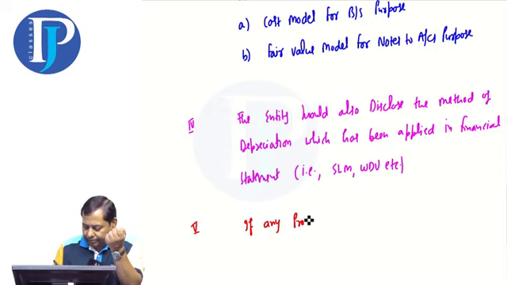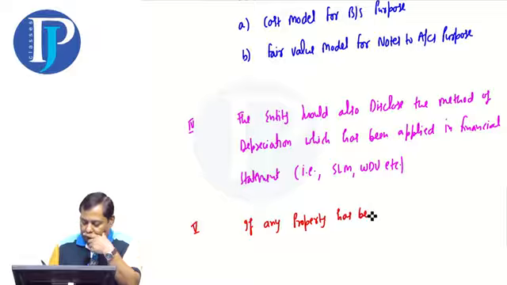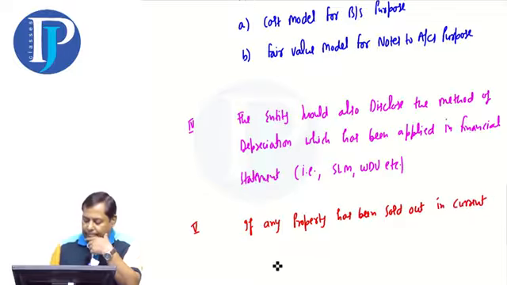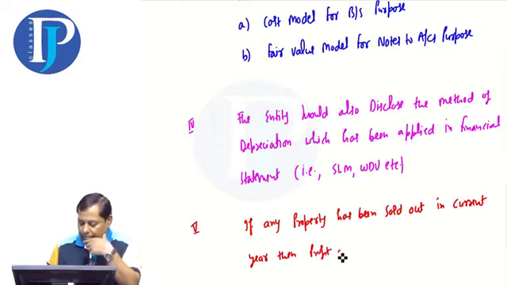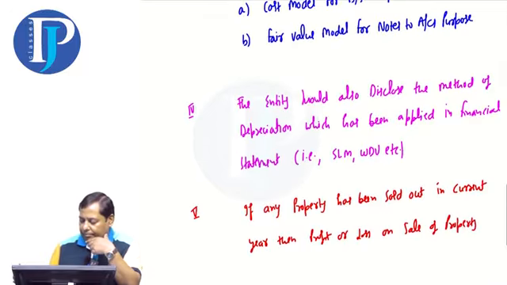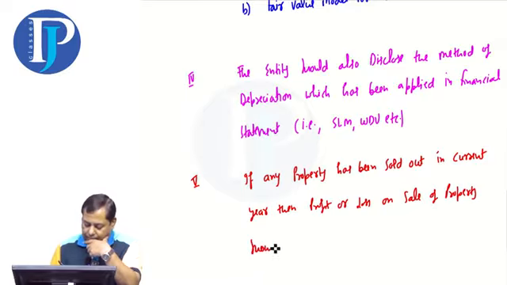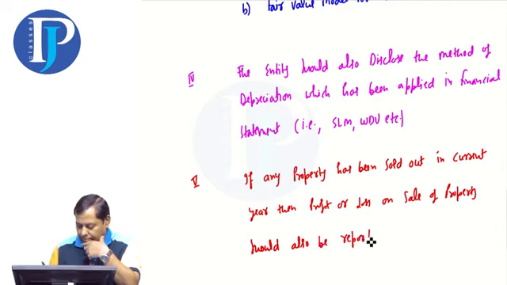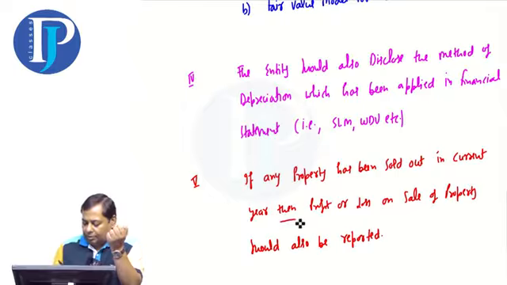If any property has been sold in the current year, then the profit or loss on sale of property should also be reported.